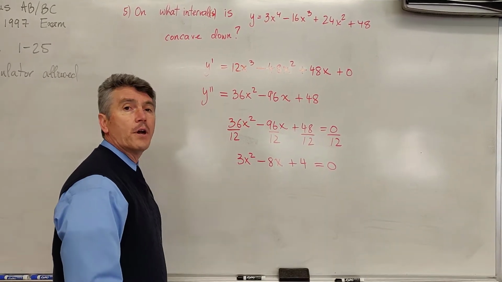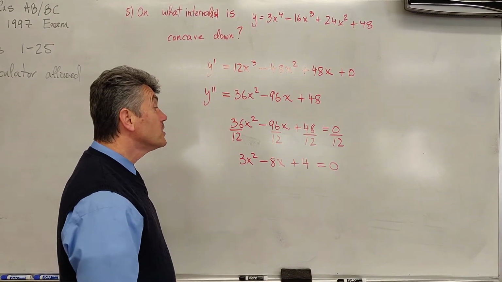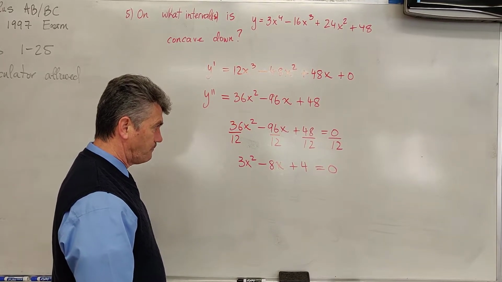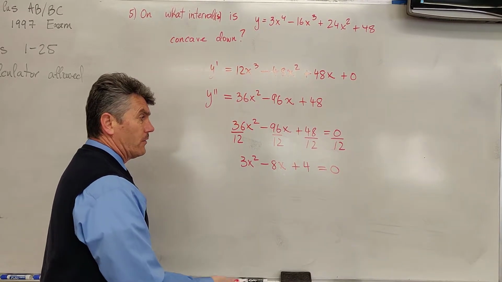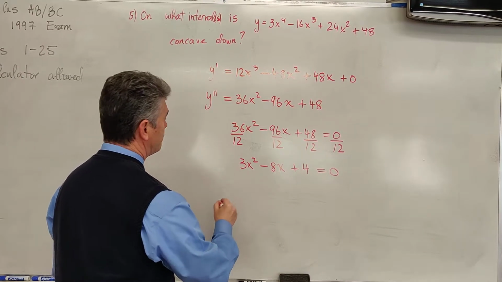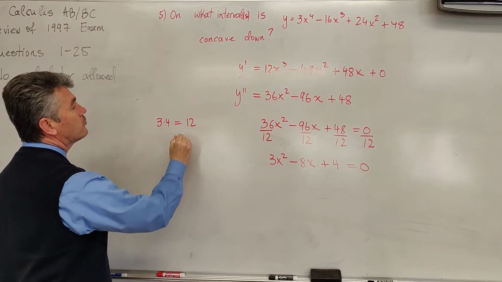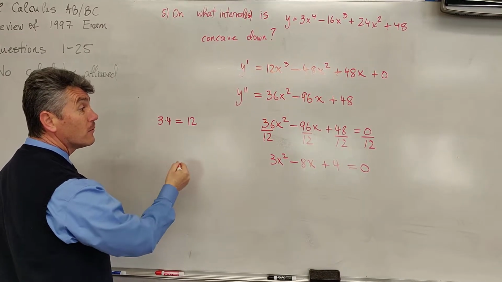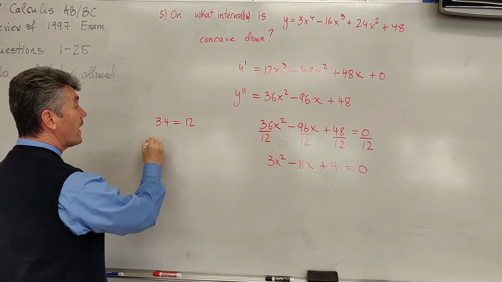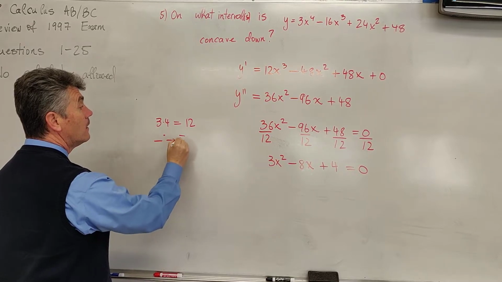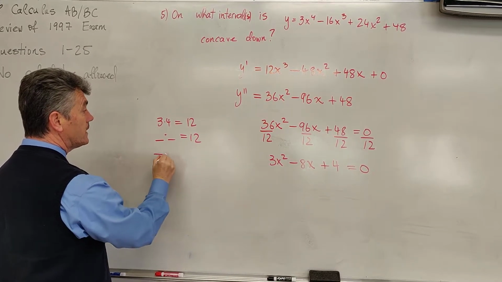Factor. If you don't want to factor, fine. Use the quadratic formula. How do we factor? Well, we multiply 3 by 4. We get 12. We look for two numbers that multiply to 12 and add up to negative 8.